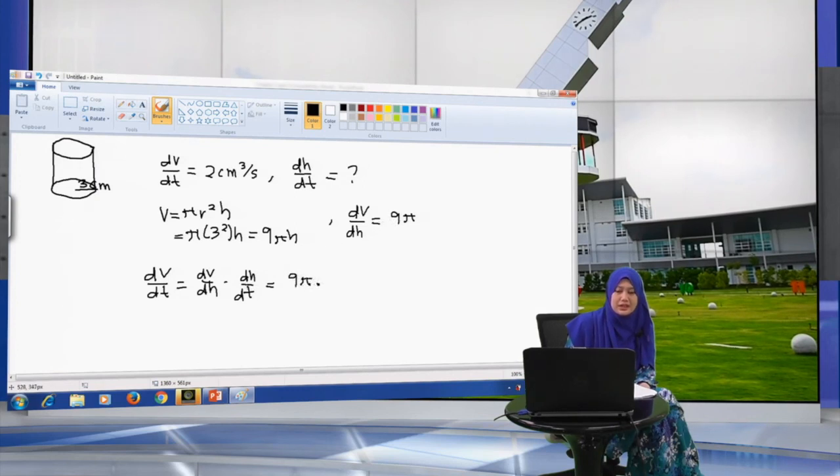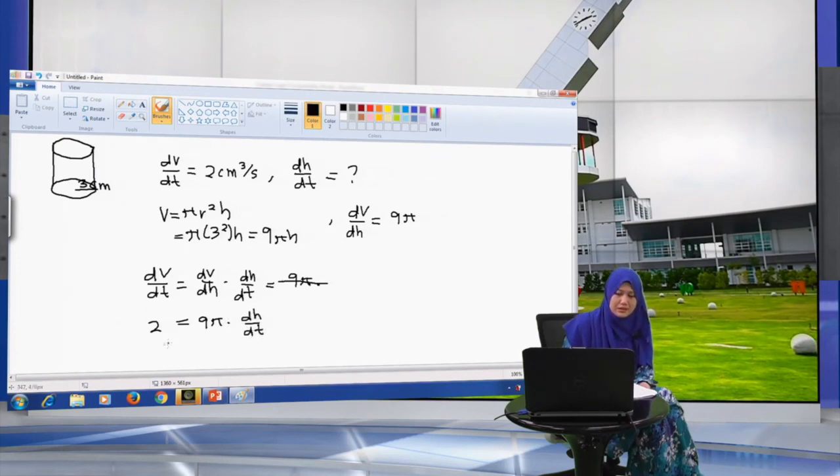dh/dt is the one that we want to find. So let's do it like this. We delete this and put dV/dt here, given as 2. dV/dh is 9 pi, and dh/dt is the one that we want to find.